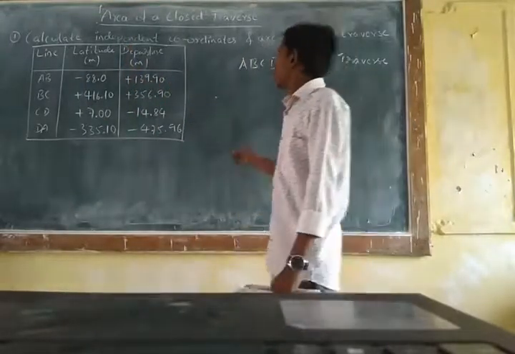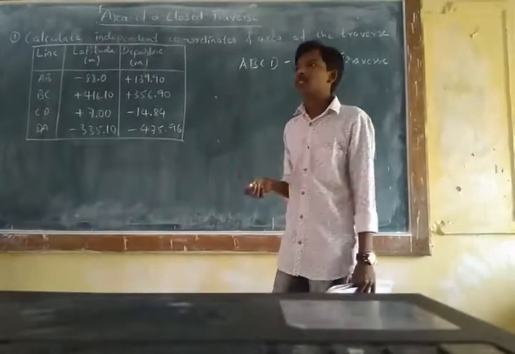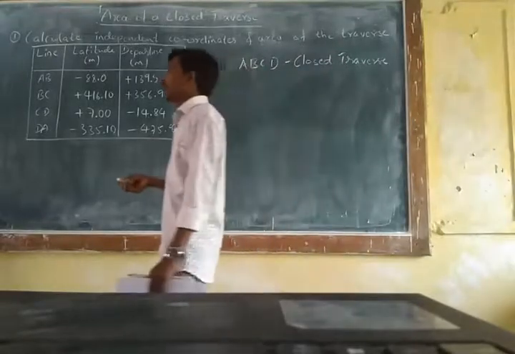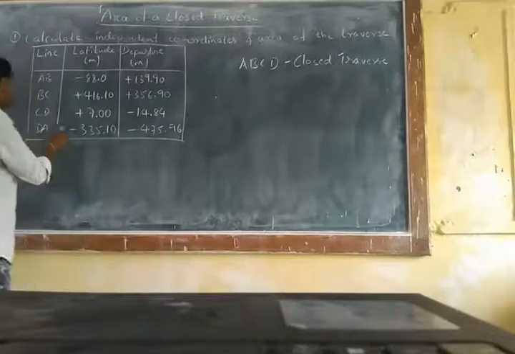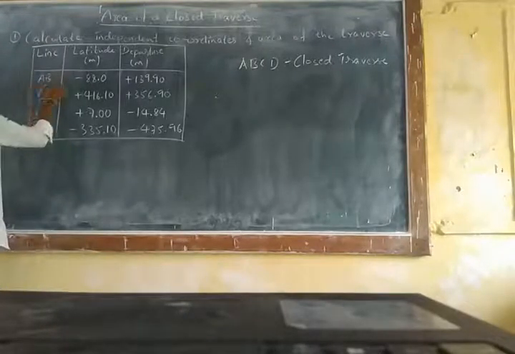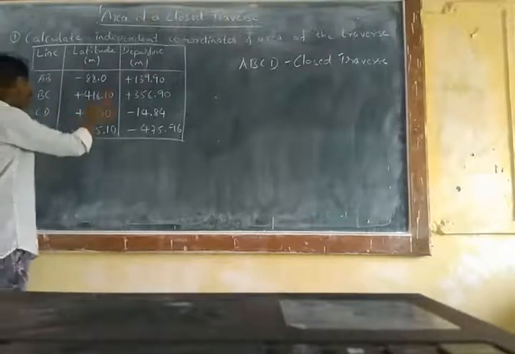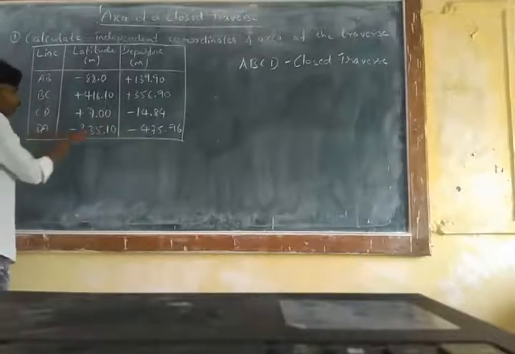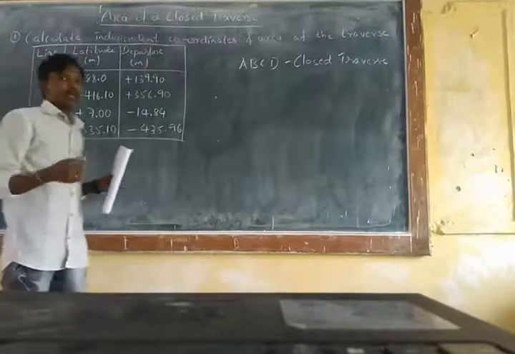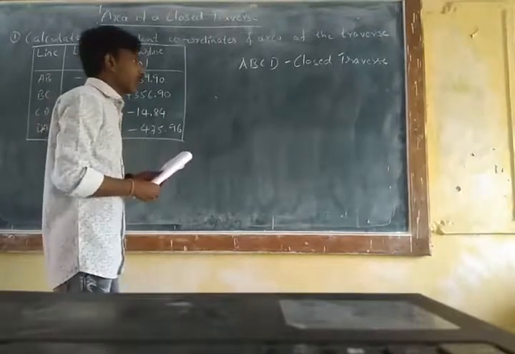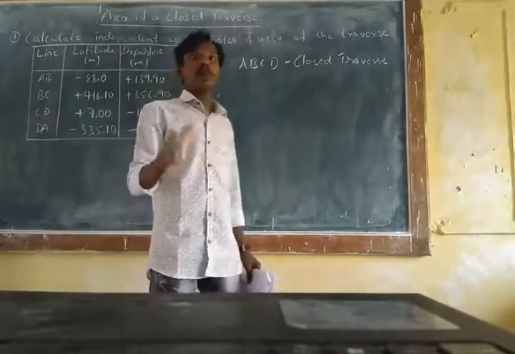To make the consecutive coordinates independent coordinates, we have to assume something called arbitrary independent coordinates. Here you can see the latitude for AB is negative and the latitude for DA is negative, and also the departure of CD is negative and the departure of DA is negative. As per the condition for independent coordinates, all the independent coordinates must be positive.